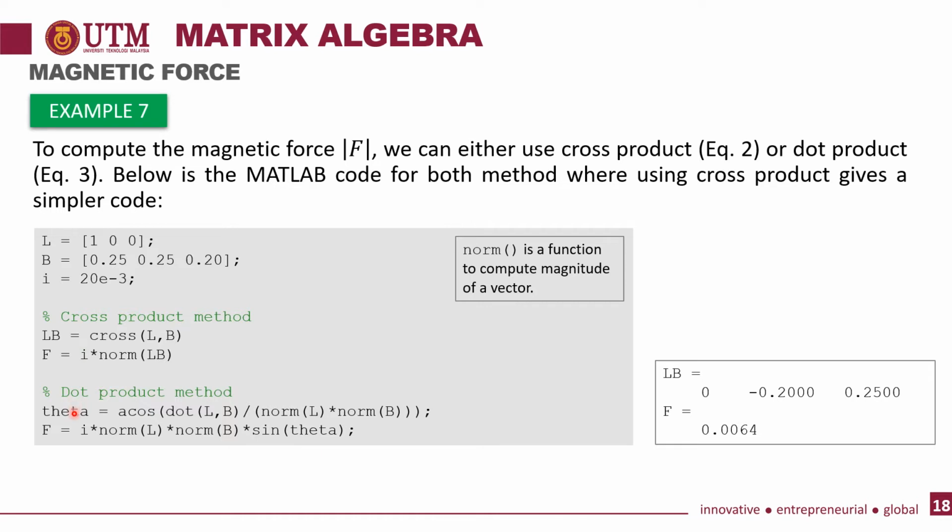So theta has been initialized as acos of dot(L, B) divided by norm L multiplied by norm B, and this is the equation of the force: I multiplied by norm L multiplied by norm B multiplied by sine theta. So you can see here that the dot product method for magnetic field force becomes much more complicated. But it gives the same answer as the cross product because the equation has two options. Either you want to use a cross product or you want to use the dot product.